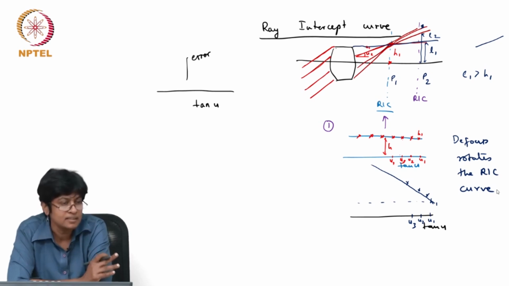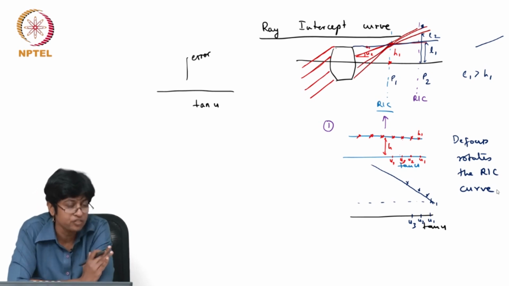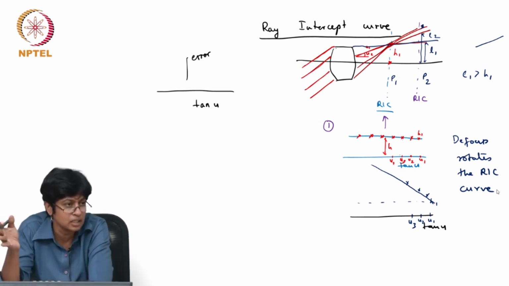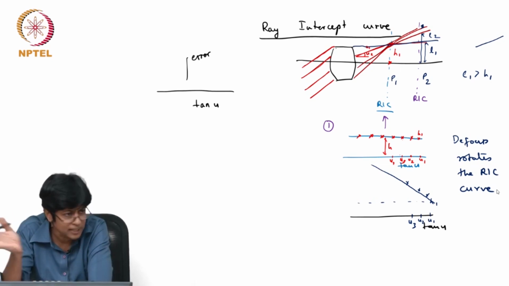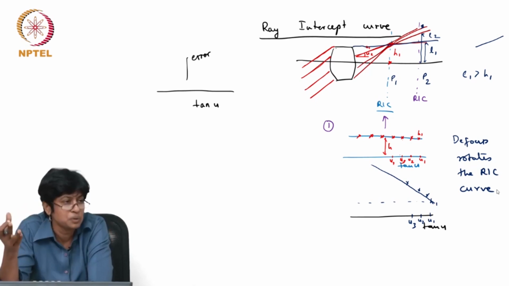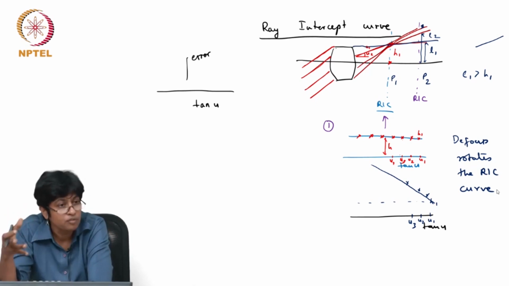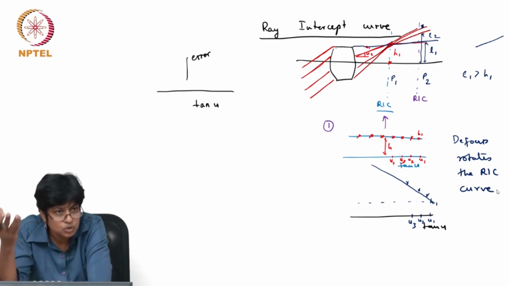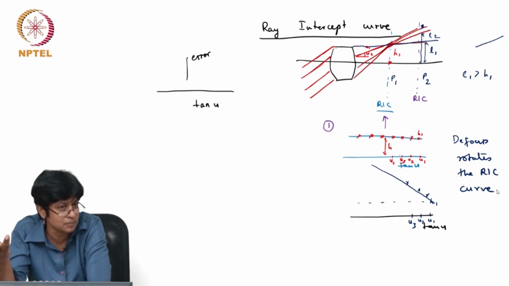So if you understand the RIC curves really well, if you're given a set of RIC curves for an optical system, you don't know anything about the optical system, but you're given these curves, you will be able to look at this and get a sense of what this system is doing, whether there has been some correction in the system.